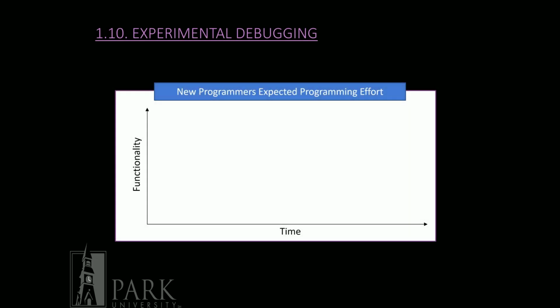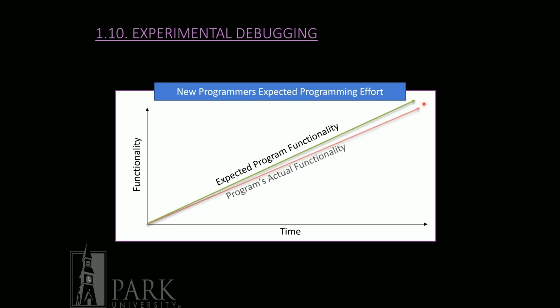So as you're writing code, this is what your expected output is going to be, right? As you progress in time, you're going to expect your program to increase in its functionality the more you go. Now, you realize that you're going to make mistakes.